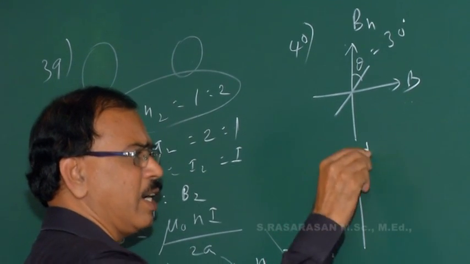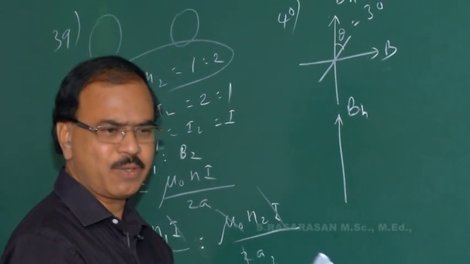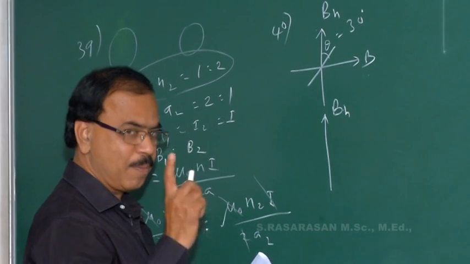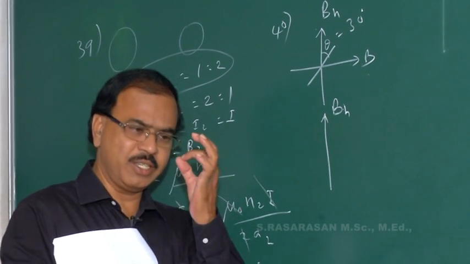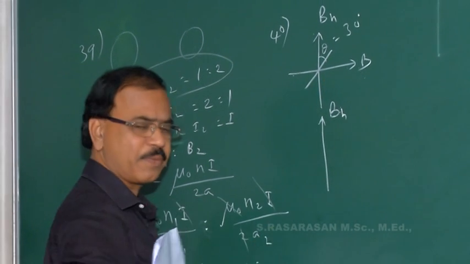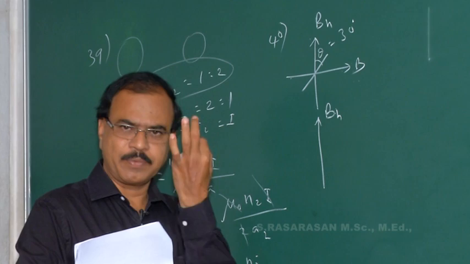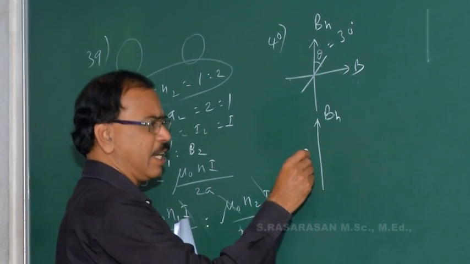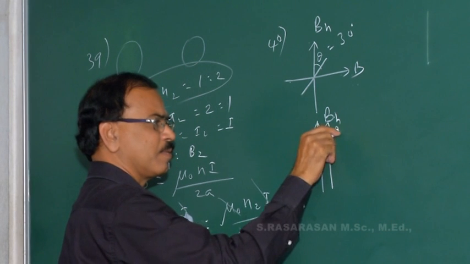We cannot change the horizontal magnetic field, because it is naturally available from the Earth. Initially the plane is like this, with the magnetic field like this. If the plane of the coil is turned through 90 degree, now the magnetic field B becomes like this.